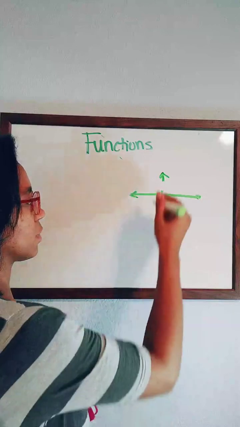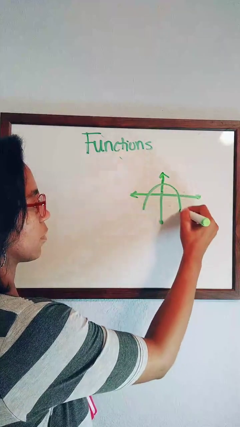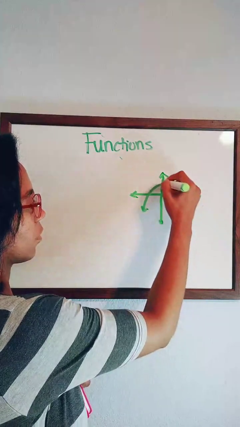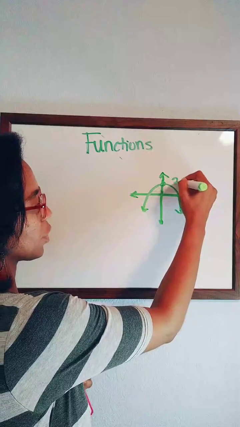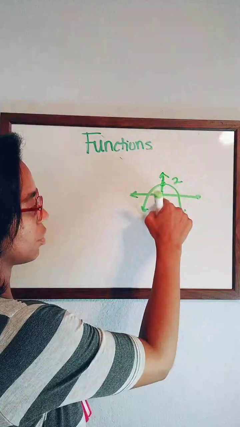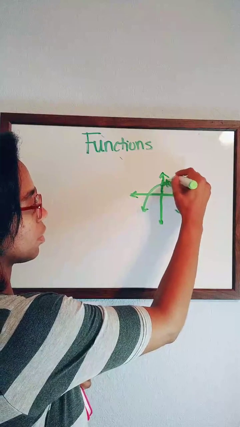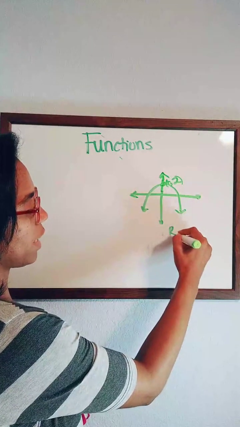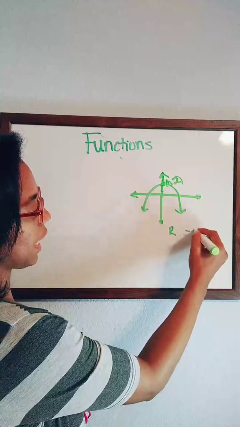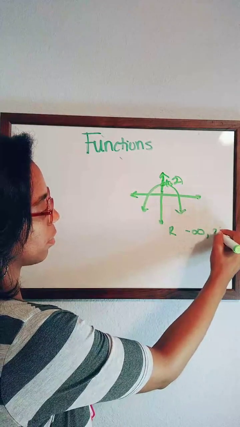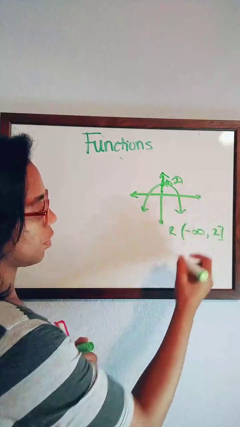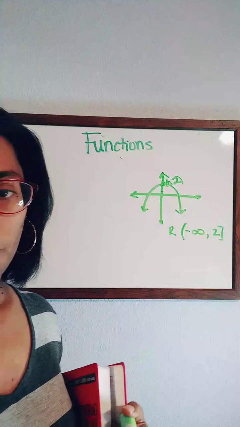And say this was 2, right? So this is at 2, so this would be 0, 2. So your range would then be negative infinity up to positive 2. That's what that would look like.